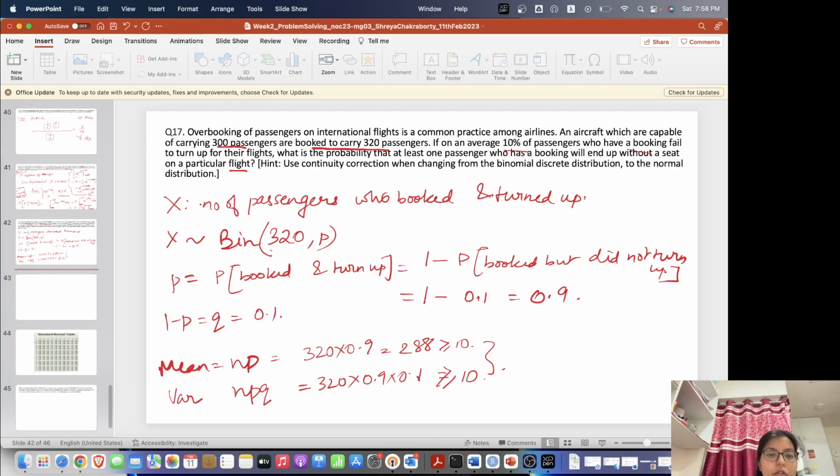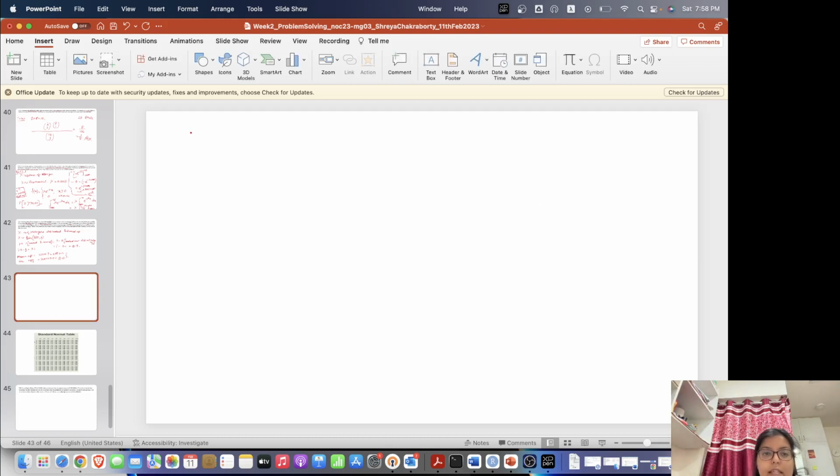If we go for a normal approximation, we have to find the probability that at least one passenger who has a booking will end up without a seat. That means the total capacity of the flight is 300. There have been 320 bookings.